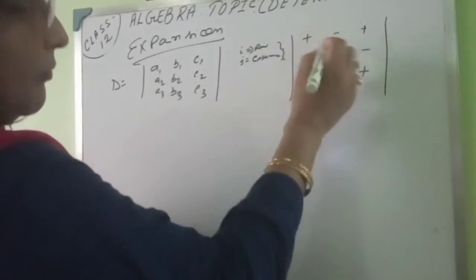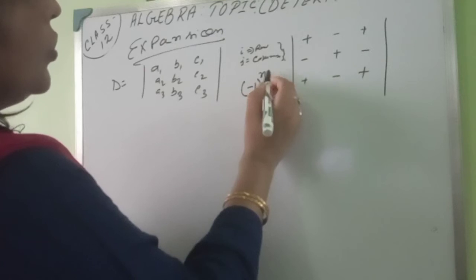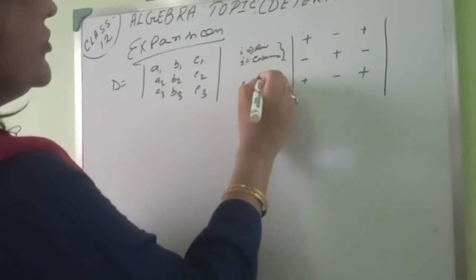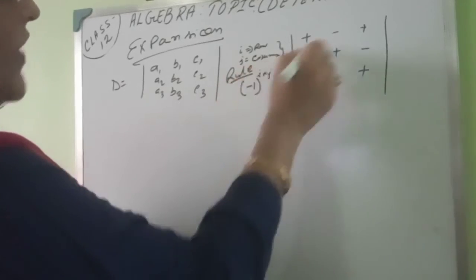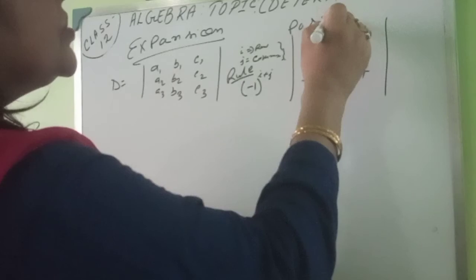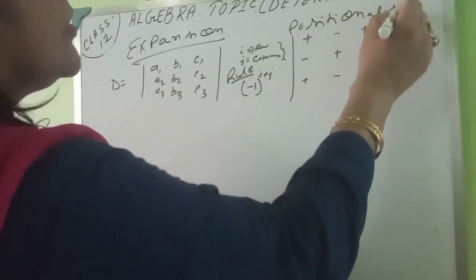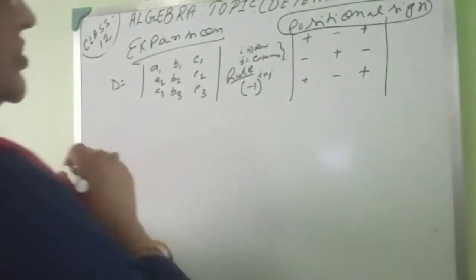Now how is it coming? -1 whole to the power I plus j. Follow this rule. This is the rule to find the positional sign. This is known as the positional sign. This is very important for expansion.